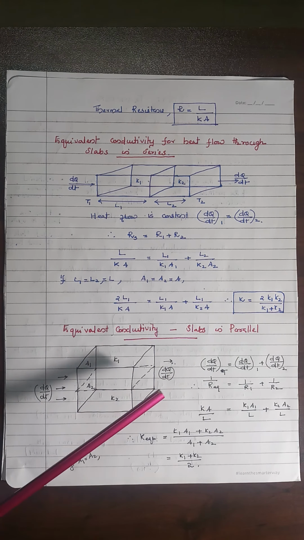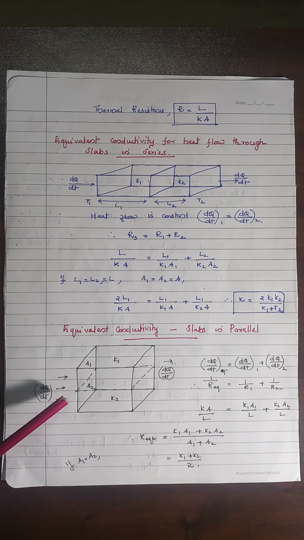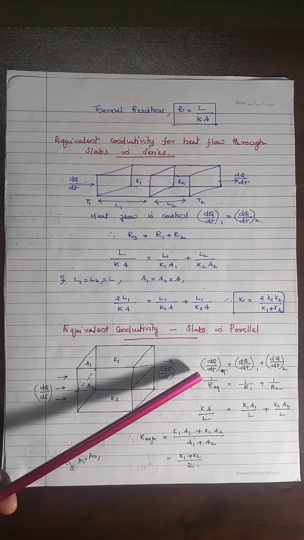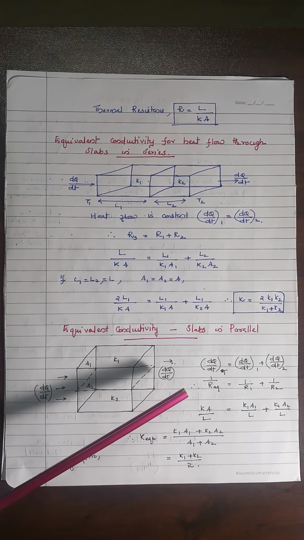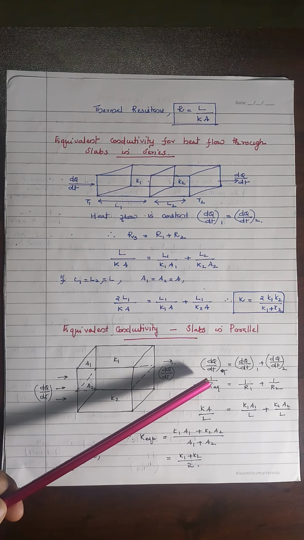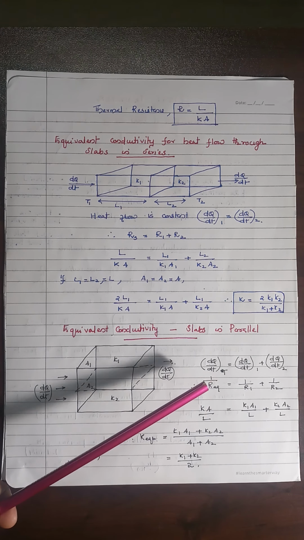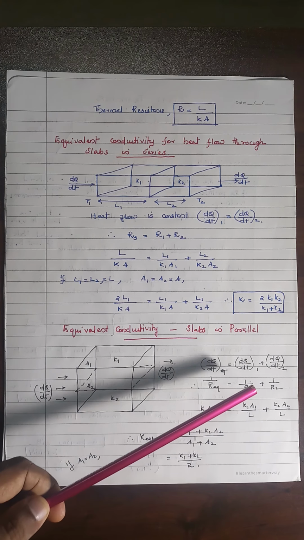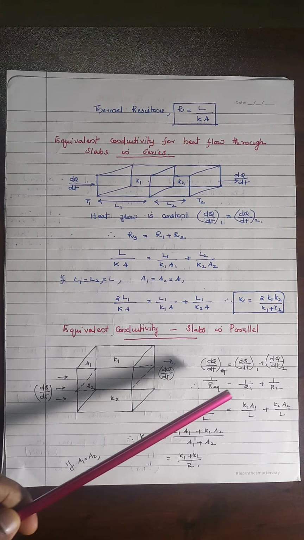But in parallel, the rate of flow is divided. The heat energy flow is divided among them. So the total one we can write like that. If we put the value in place of resistance, in place of rate of flow, we can write 1 by R equivalent is equal to 1 by R1 plus 1 by R2.